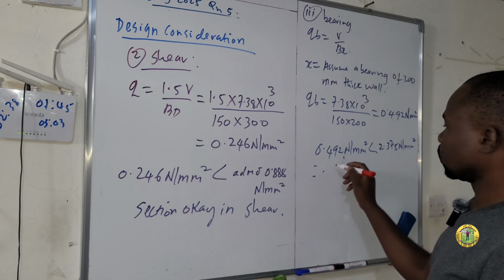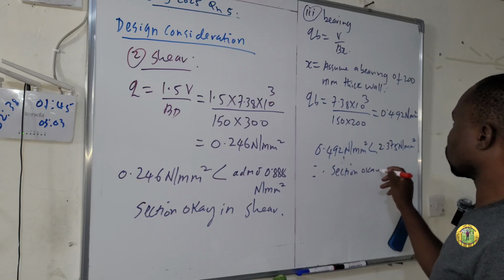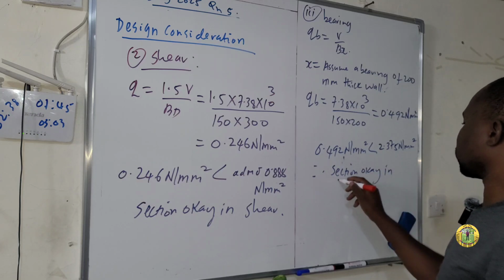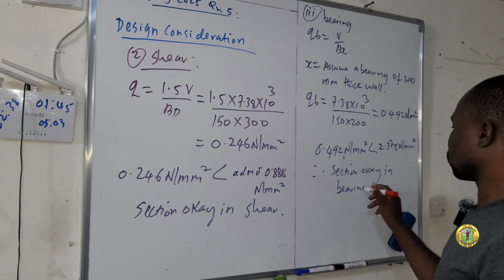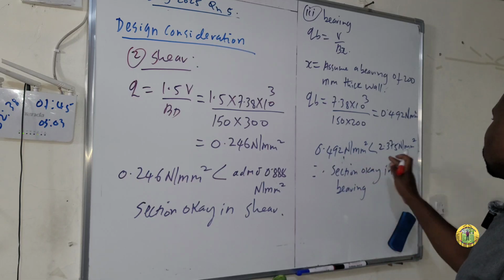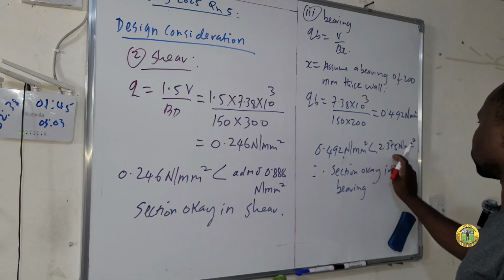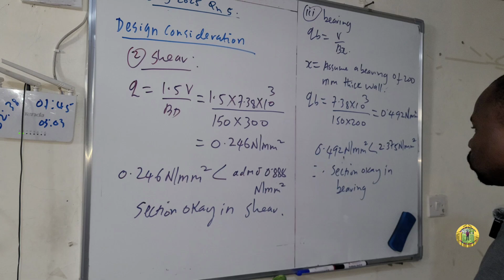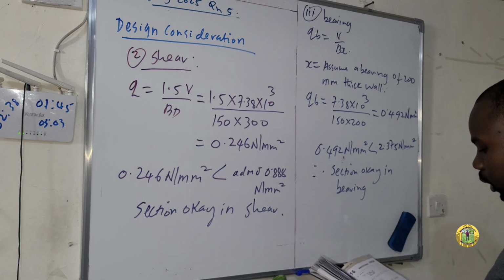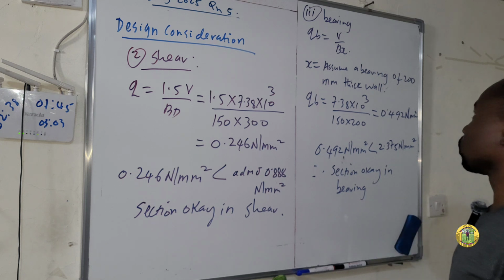Therefore, section OK in bearing. So 0.492 is less than compression perpendicular to grain, which is 2.75 Newton per millimeter square. So section OK. So we proceed to the last consideration, which is deflection.